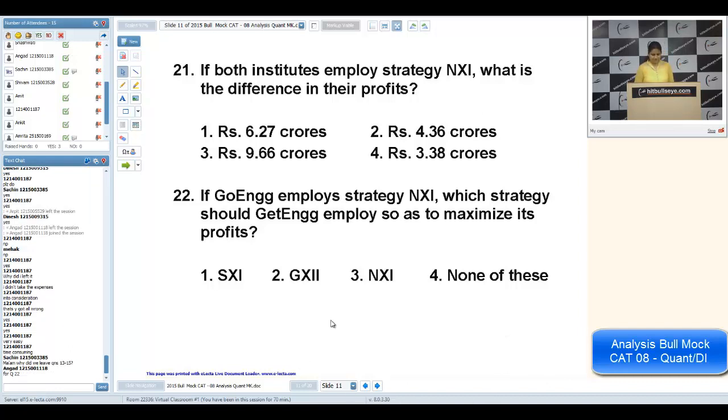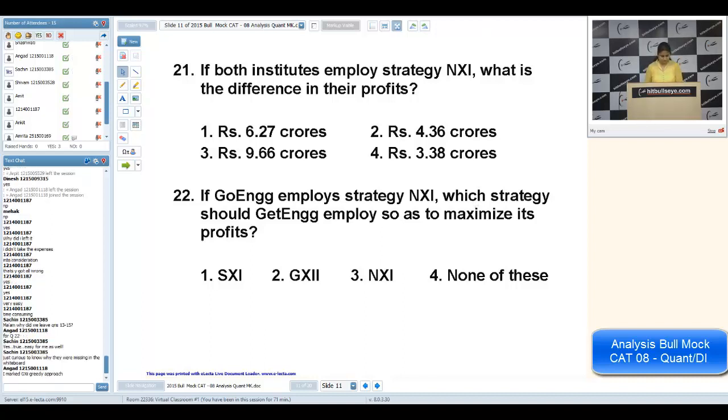Okay, question number 22. If Go-Eng employs strategy NXI, which strategy should Get-Eng employ so as to maximize its profit? Okay, Angad, you have data with you? Actually, it was the only question in this set which was difficult.